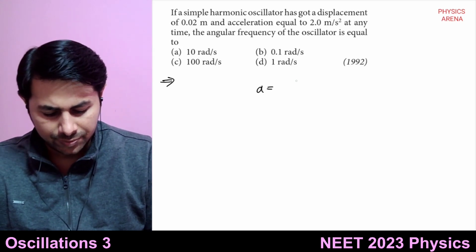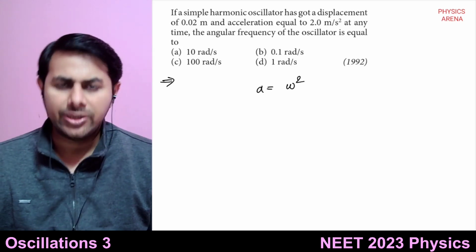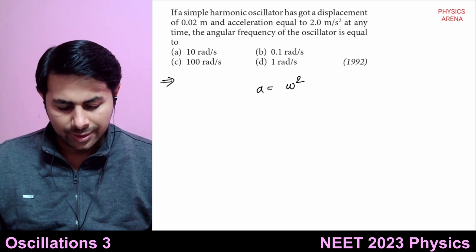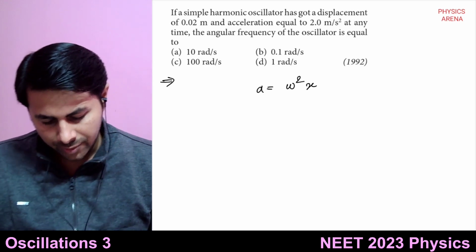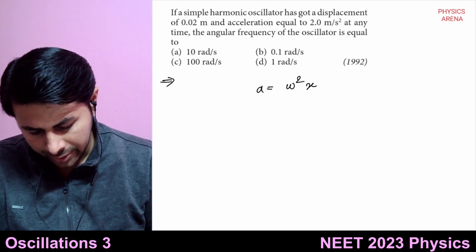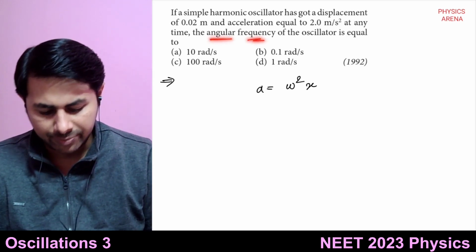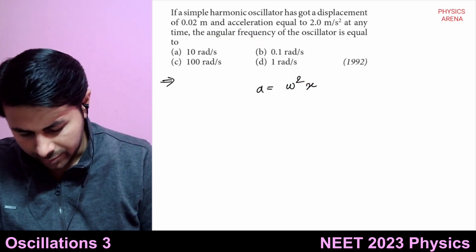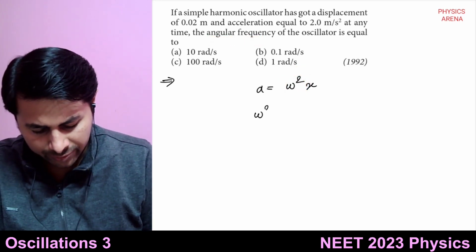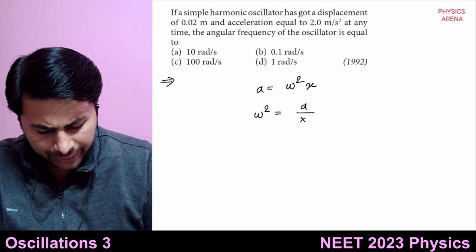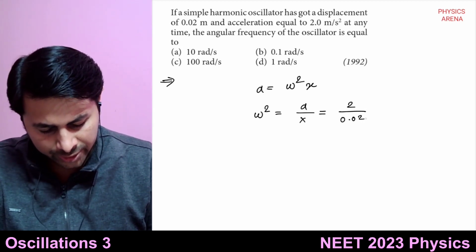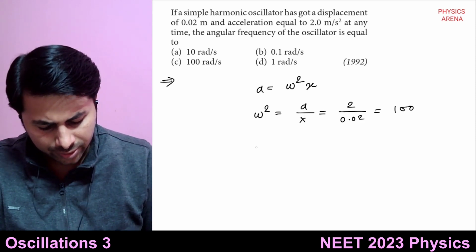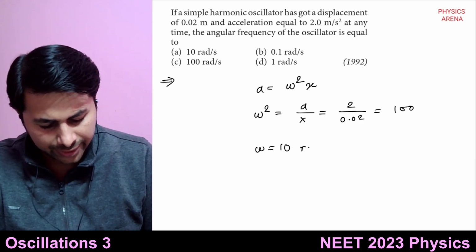If we just care about the magnitude, then a is equal to omega square x, right? So we want omega only. So omega square is a upon x, that is 2 divided by 0.02, that's 100. So omega is equal to 10 radians per second.